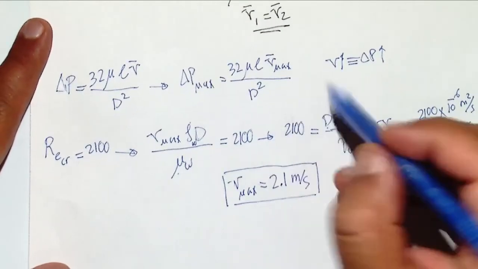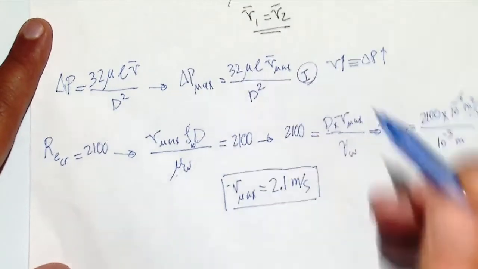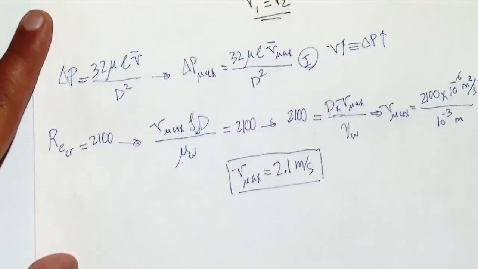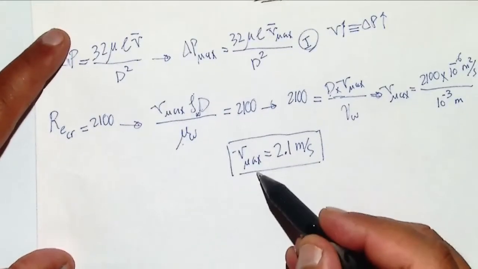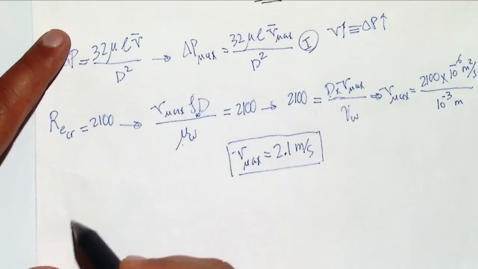So if that's my equation 1, then how can I find delta P max? By plugging V max into the equation. The rest of those are given.